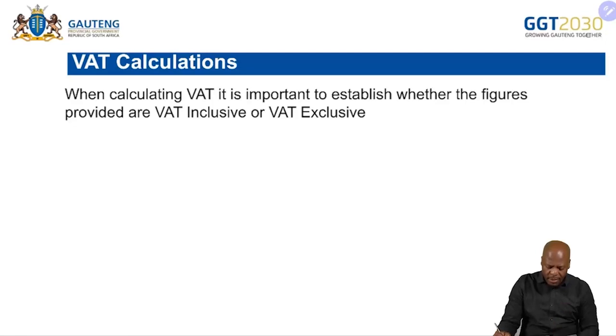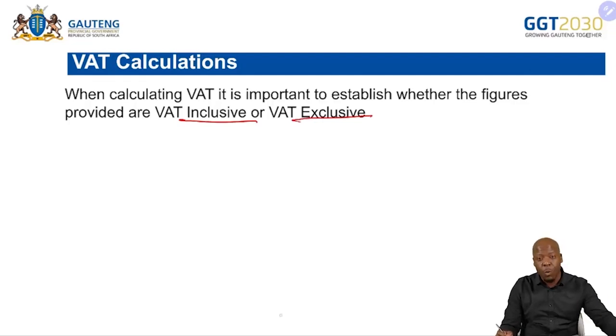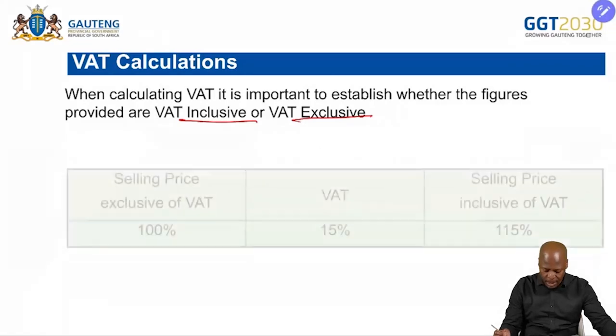When calculating VAT, it is important that we establish whether the figures provided are either inclusive or exclusive. That will give us an advantage. Once we know if our amounts are VAT inclusive or VAT exclusive, we are then able to know exactly which figures to use when we calculate the VAT.